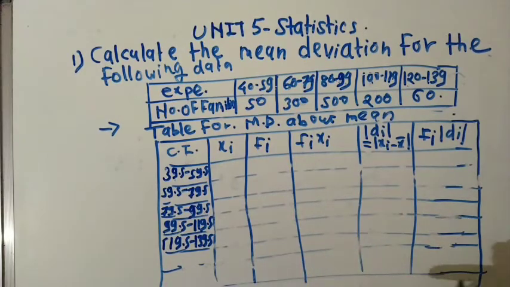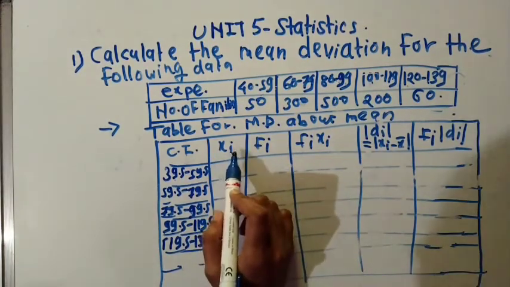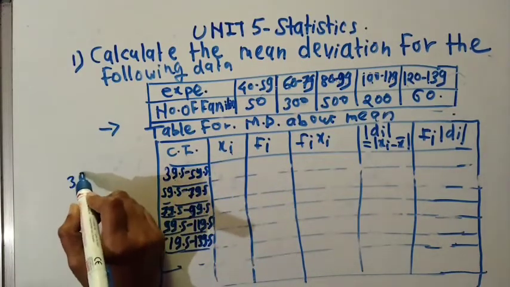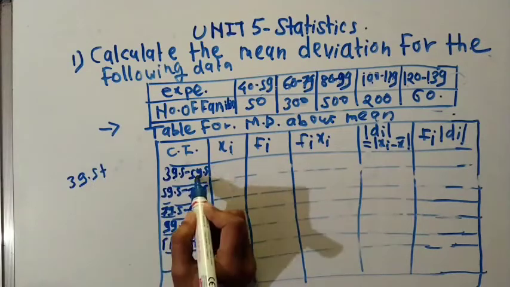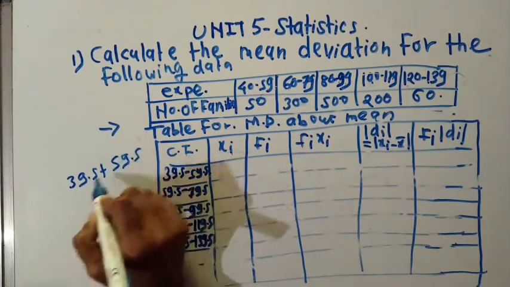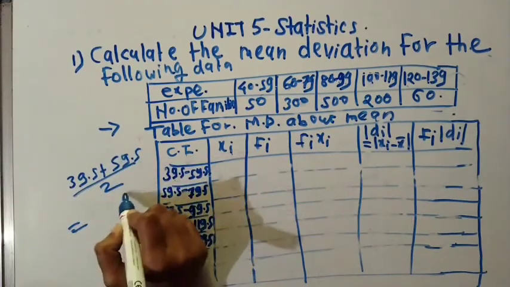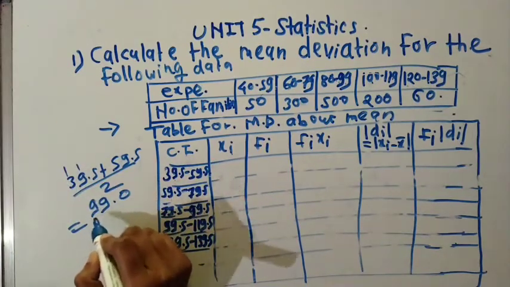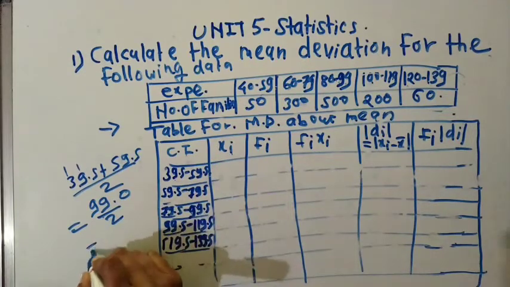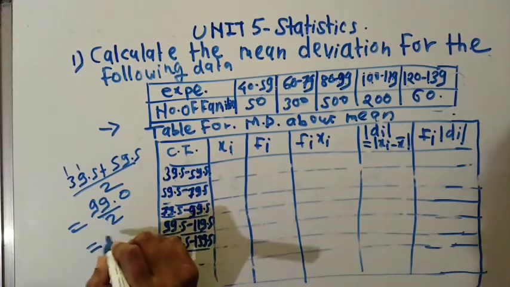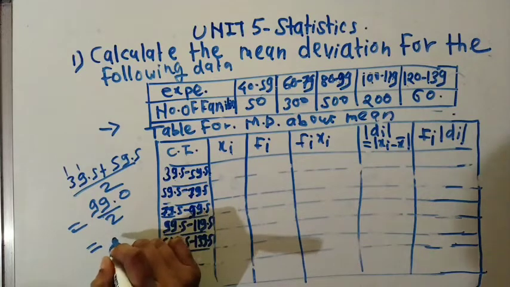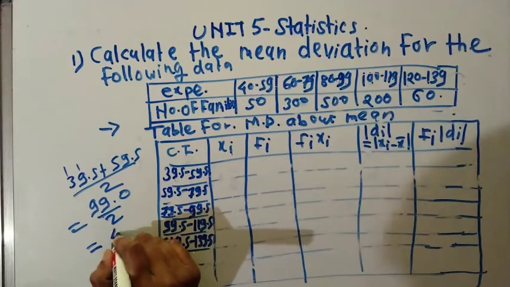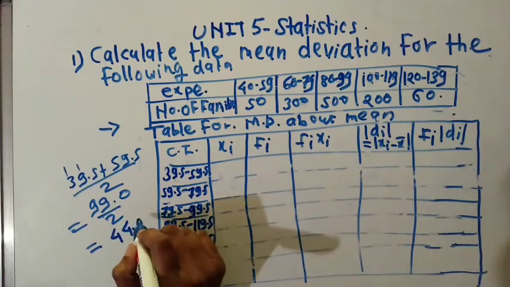Then we find out the xi value. xi means this mid value, lower boundary plus upper boundary upon 2.